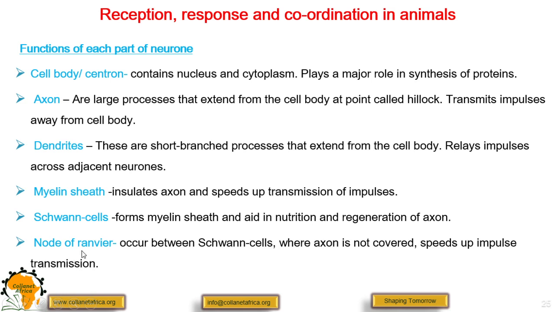Finally, we have the nodes of Ranvier, which are foldings between the Schwann cells at regions where the axon is not covered. Its role is to speed up transmission of nerve impulse. So note the spelling of node of Ranvier: myelin sheath and then Schwann cells, double N.